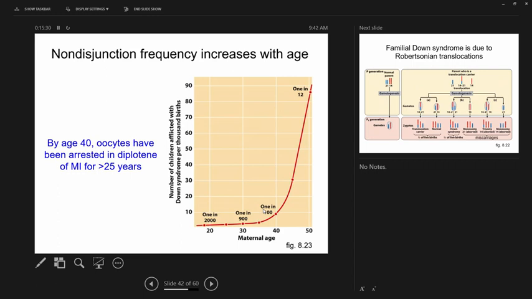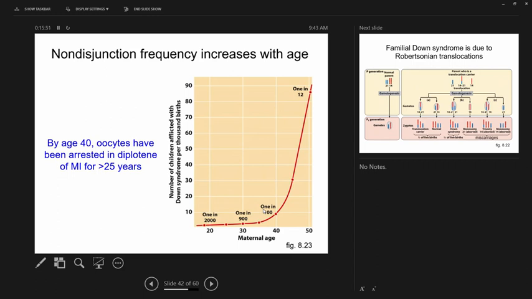But you're just getting an egg that's already at the starting gate and gets going. So the longer it is before childbearing, the longer the egg has been hanging around, and the longer time there is for something funny to happen with that spindle that's already been set up.